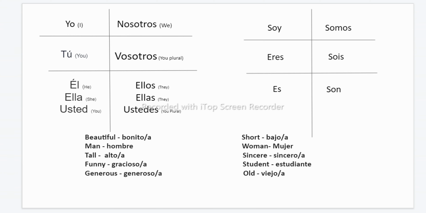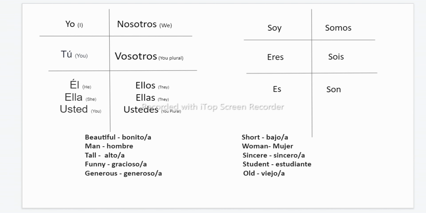So let's see some examples now, and before that I would like to utter these words first. Beautiful means bonito or bonita in Spanish. Bonito is used for masculine, bonita is used for feminine. Man, hombre, as I already told in my previous video. If you haven't watched my earlier videos, you can watch those also after this.